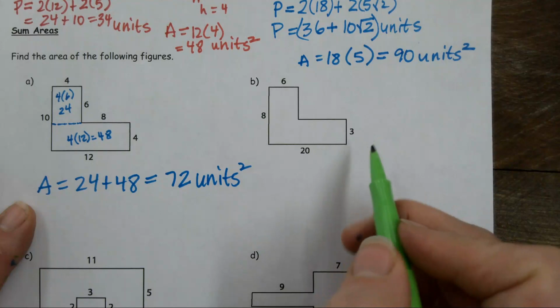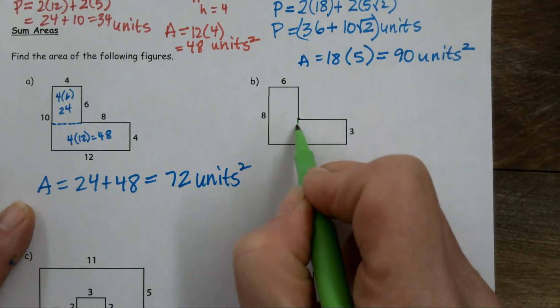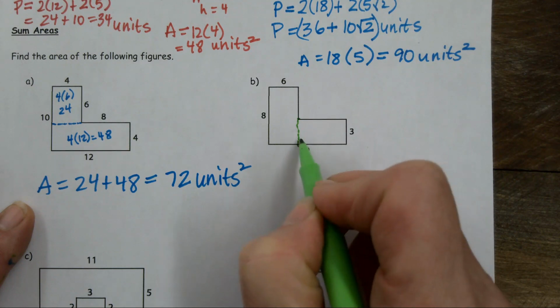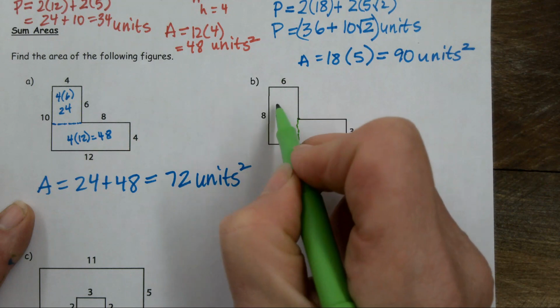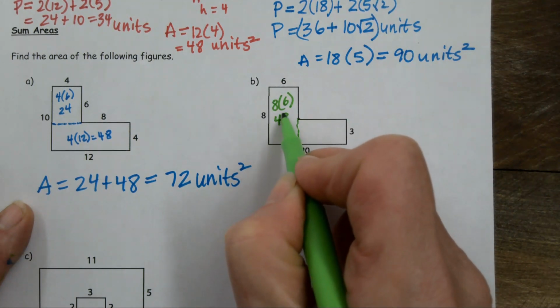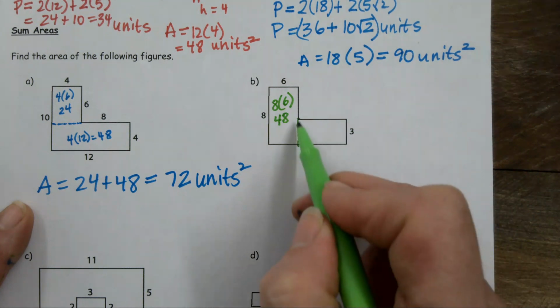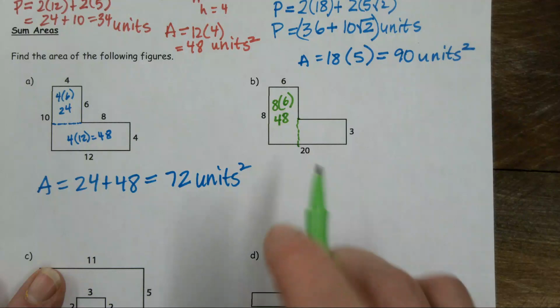Also, sometimes when you draw your line in there, if I draw it, say, here, I have maybe the measurements very obvious for one, 8 by 6, or 48, but this other one is not so obvious, and I have to do a little bit of math.